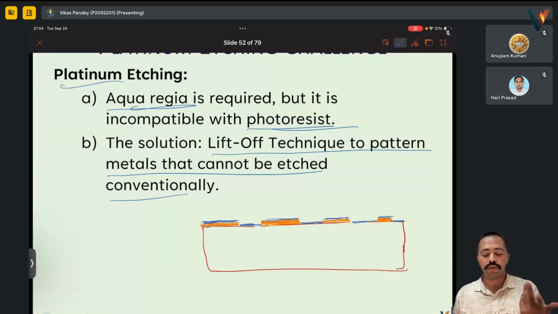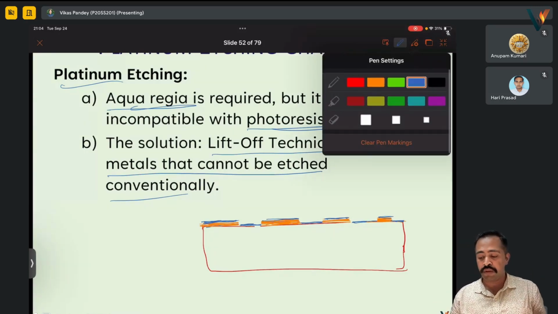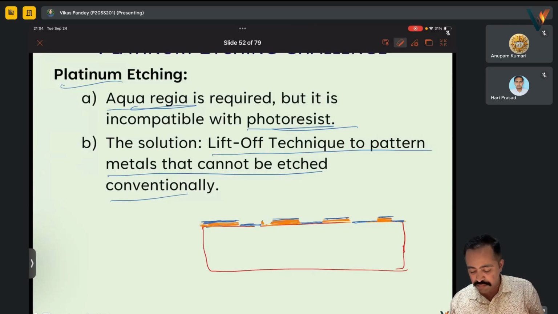We talked about stripper, and what the stripper will do is remove this left out PR, and when it is removed, it will remove the Pt deposited over it. We will be left with our desired pattern over the wafer.